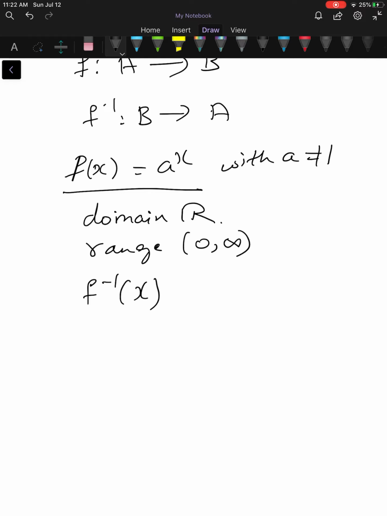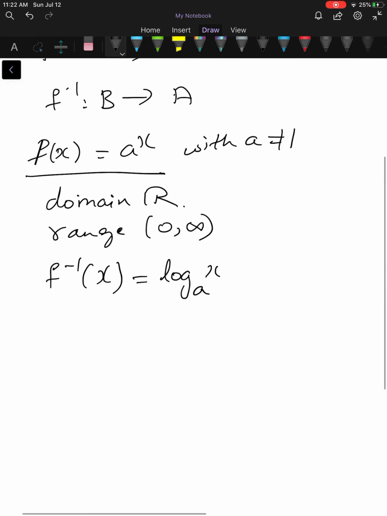So, what we have learned till now is that exponential functions are one-to-one, and therefore have an inverse function, which is nothing but the logarithmic function that we learned in the previous video.